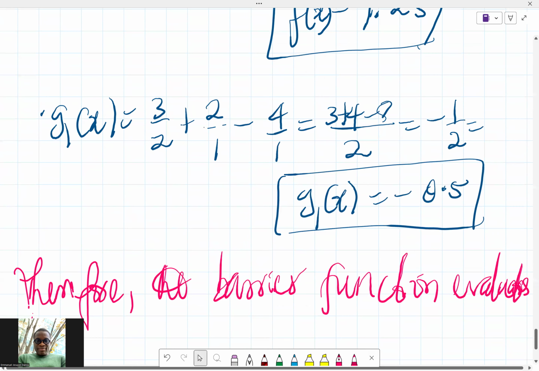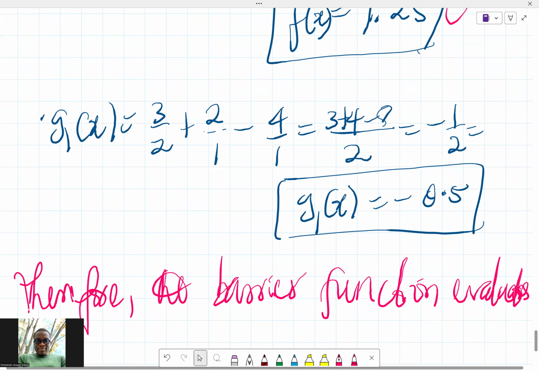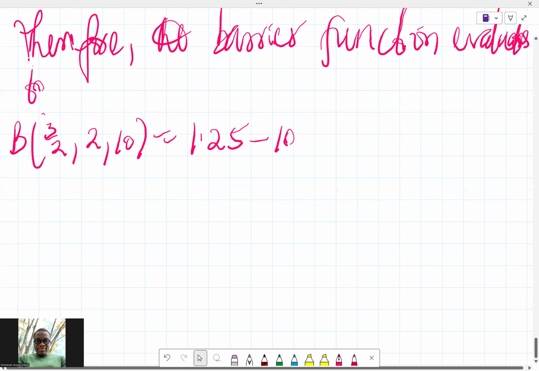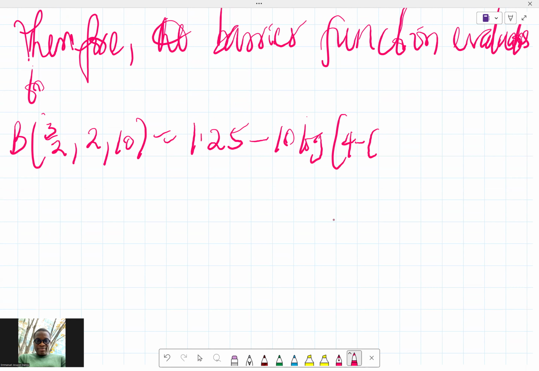This is what we got up here. Then minus the barrier parameter, which is 10, then log of 4 minus (x1 plus x2), where x1 is 3 over 2, which is 1.5. Let me just write 3 over 2 plus 2. Okay.